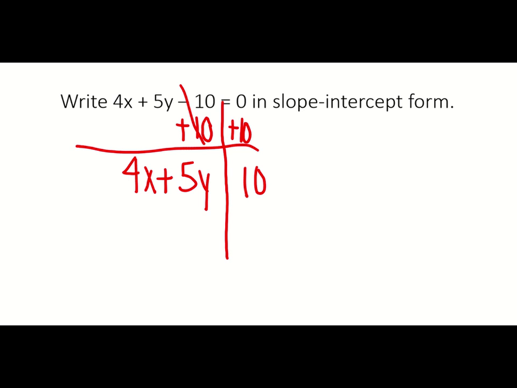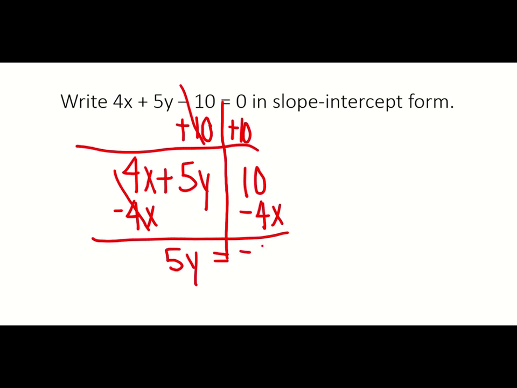And then it's very similar to the first two problems we did. We need to get rid of the x, so we'll subtract 4x on both sides because it was currently positive, to be left with 5y equals negative 4x plus 10.